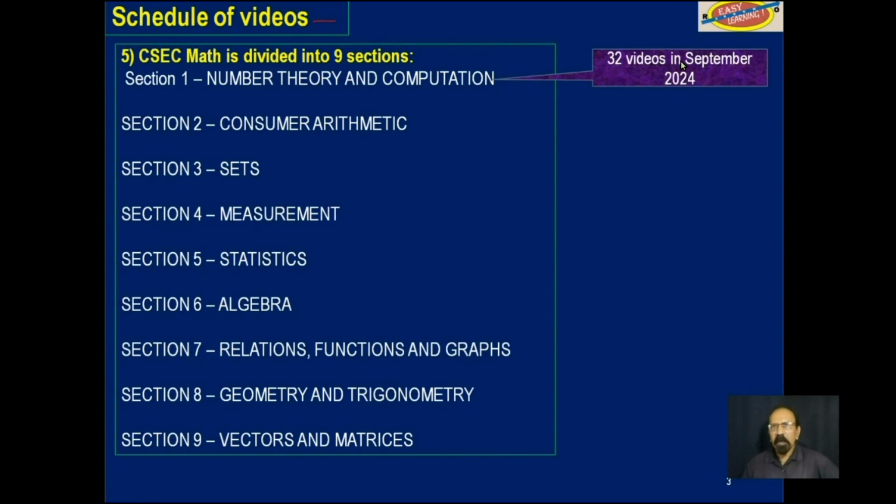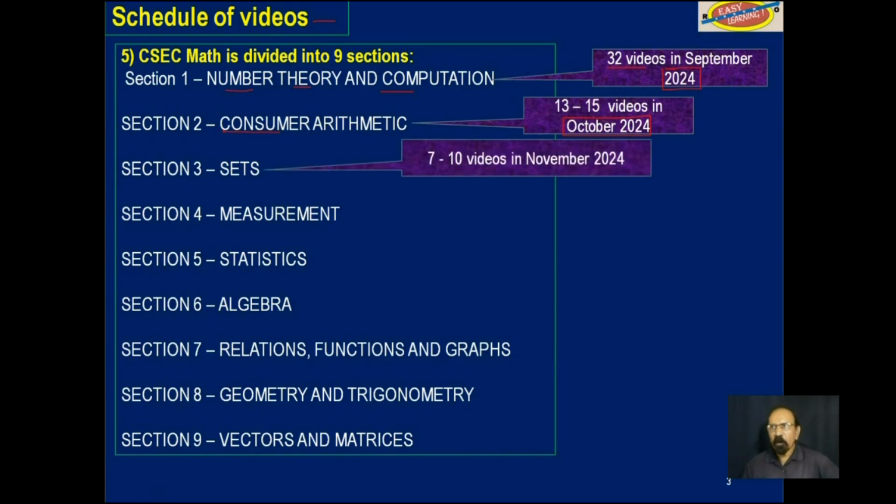I am hoping that by the end of September 2024, I will be able to upload and publish these 32 videos on number theory and computation. And then by October, that's next month, the 13 to 15 videos or so on consumer arithmetic. Following month, sets. By the end of December, measurement.